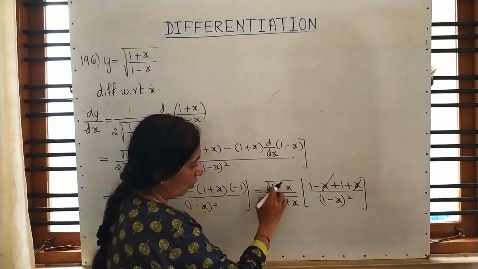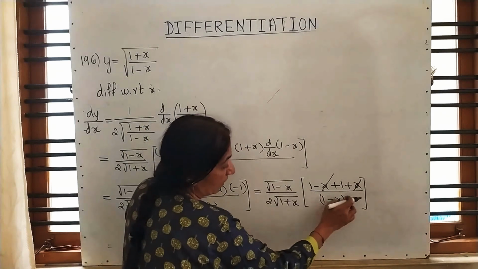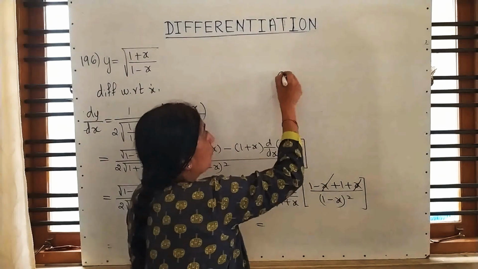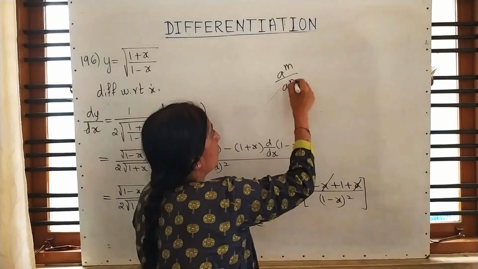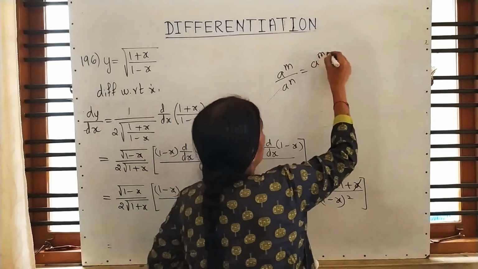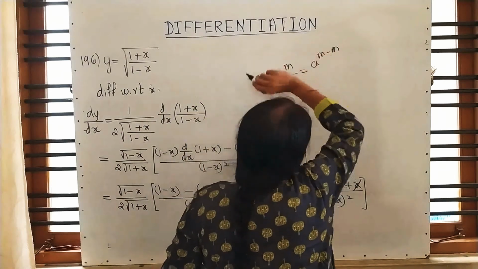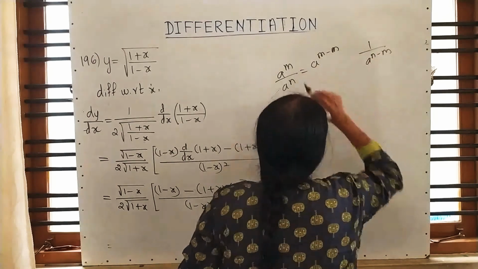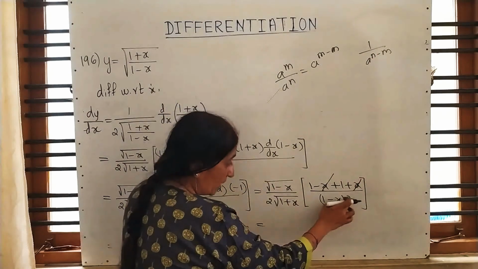This is root of 1 minus x, this is 1 minus x whole square. The base terms are similar, and you have to remember this: a raised to m upon a raised to n is a raised to m minus n, if m is greater than n. Or it is written as, if the denominator is bigger. Now here the denominator is bigger.